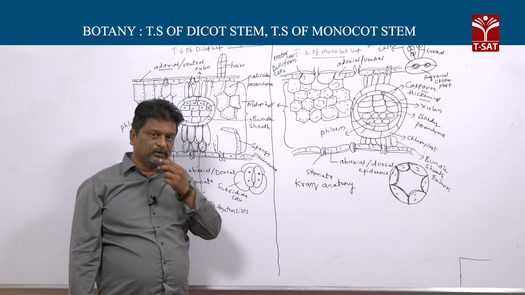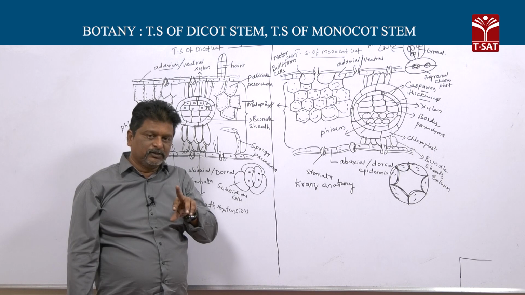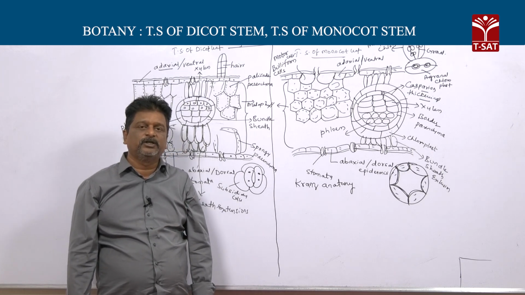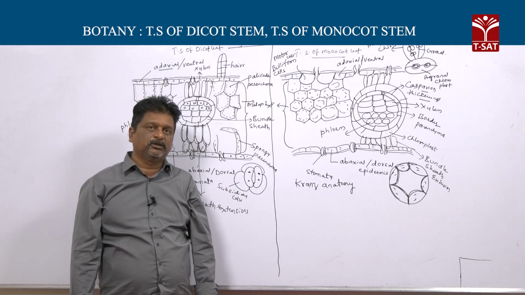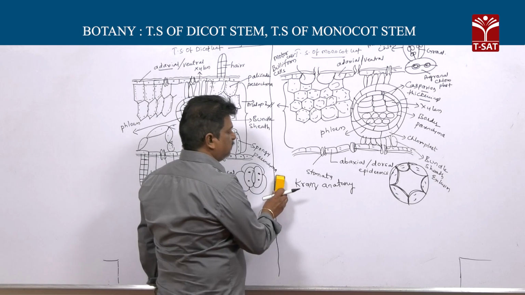And in Cycas leaflet, it shows centripetal and centrifugal xylem. That condition is called diploxylic. So, diploxylic and open type of vascular bundles are present in Cycas leaflet.